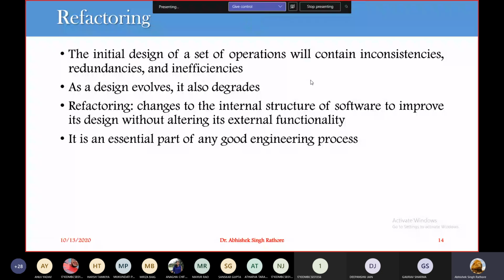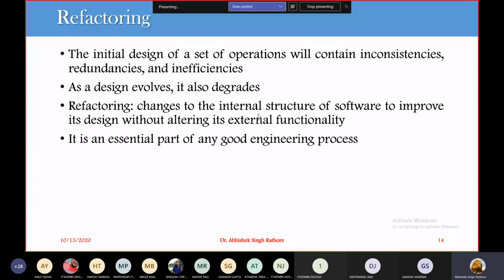So we have the solution that is known as refactoring. Refactoring is defined as a change to the internal structure of your software to improve its design without altering its external functionality.